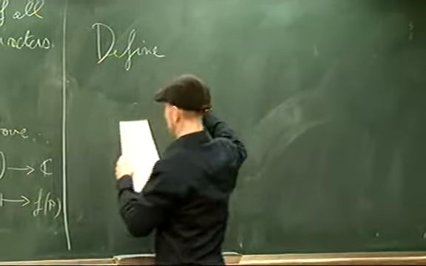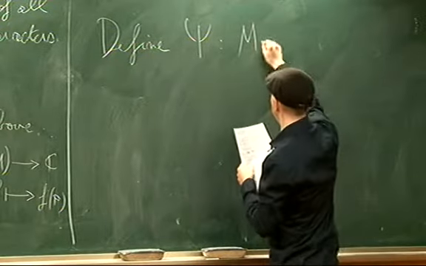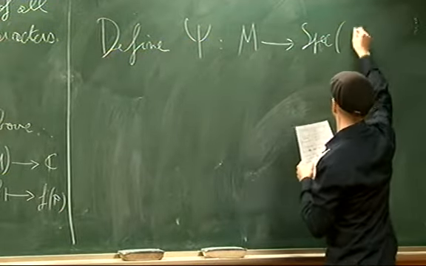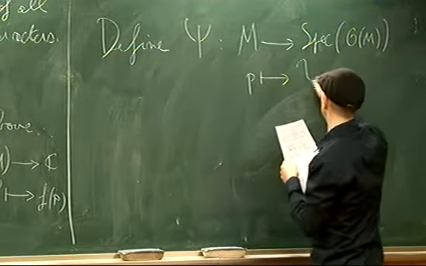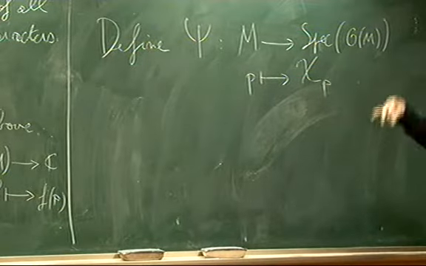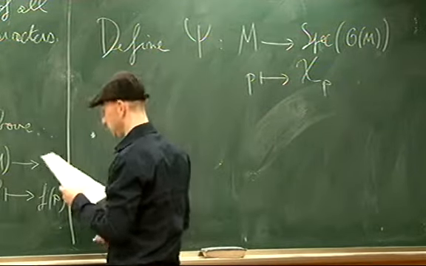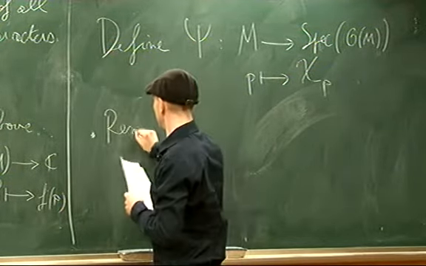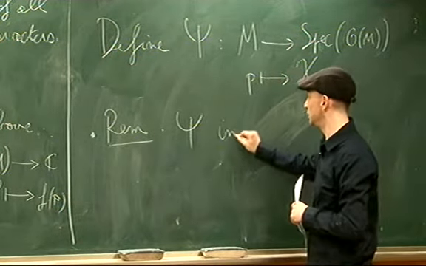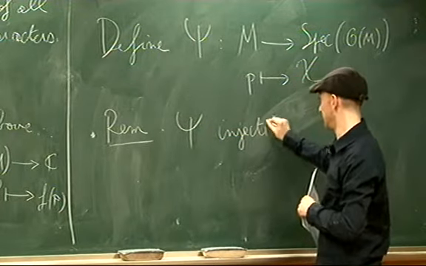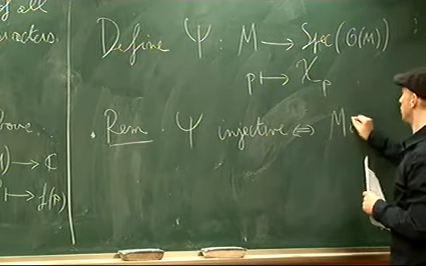Now let's continue with the definitions. Define psi from M to Spec of O of M, where every point is sent to its point character. First, the remark is that saying psi is injective, one-to-one, is the same as saying that M is holomorphically separable.